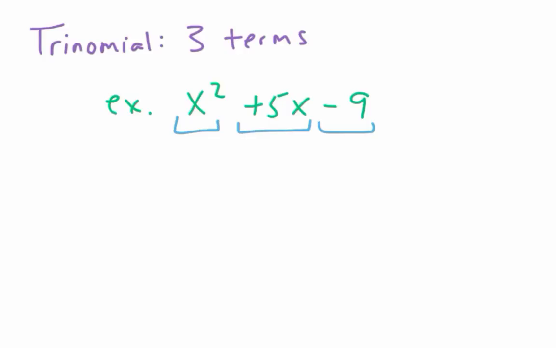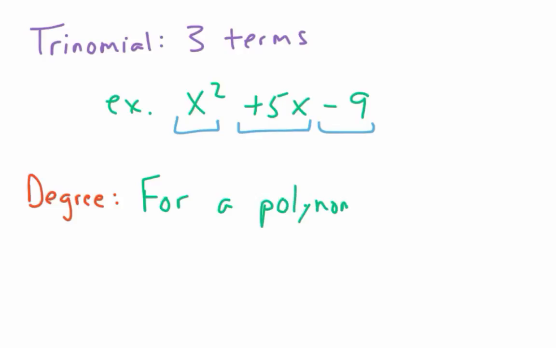All right, so the next thing we want to cover is going to be a degree. So we'll say degree. And we're just going to look at it where we have one variable, just x's in our polynomial. Maybe it'll be y equals something with an x. But it's for a polynomial with one variable. So for a polynomial with one variable, the largest exponent is going to be the degree.